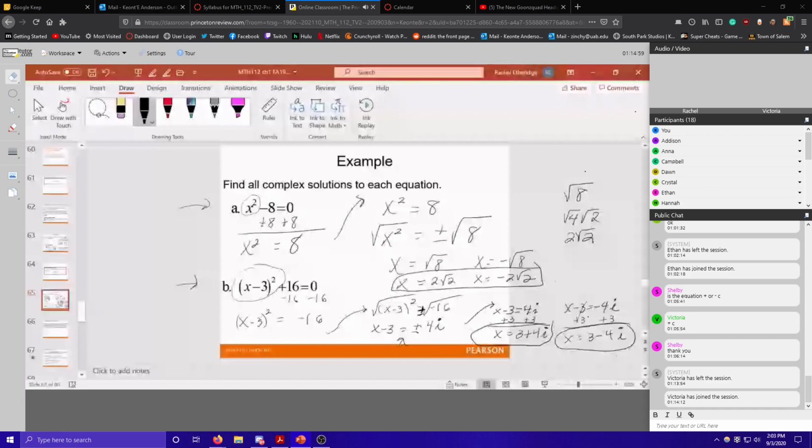Okay, well here I had x minus 3 quantity squared. It's a perfect square. So you can solve a perfect square equation by taking the square root of both sides. So that's what I did in both cases. I took the square root of both sides here. I took the square root of both sides there. Oh, okay. I got you. Thank you. So that's what I'm trying to do, is just get rid of that square.